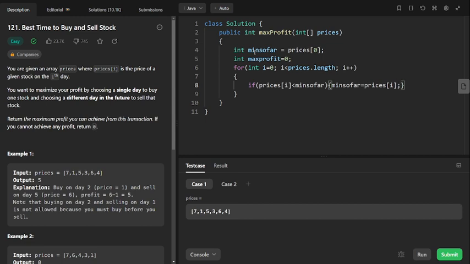Okay, then int profit is equal to prices of I minus min so far.